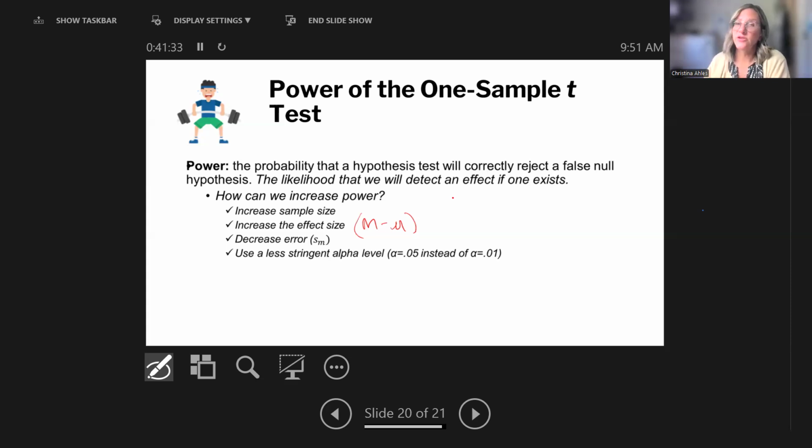Or we could use a less stringent alpha level, such as 0.05 instead of 0.01, to increase our power. 0.05 is the least stringent that we would ever use. It is the most powerful test criterion that we could potentially use for the social behavioral sciences.